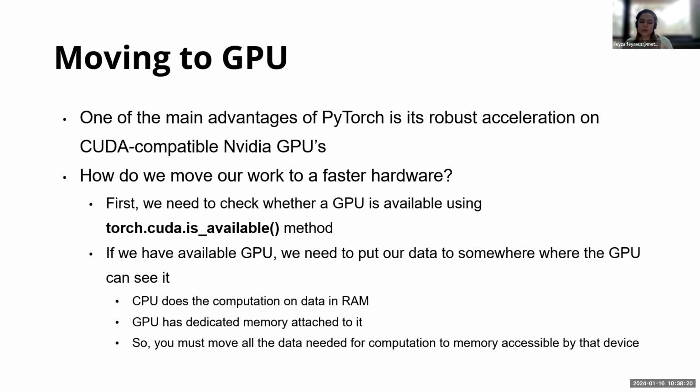If we have an available GPU, we need to put our data somewhere the GPU can see it, because the CPU in our computers does computation on data in random access memory, and the GPU has another dedicated memory attached to it. So you must move all the data needed for computation to GPU-accessible memory.